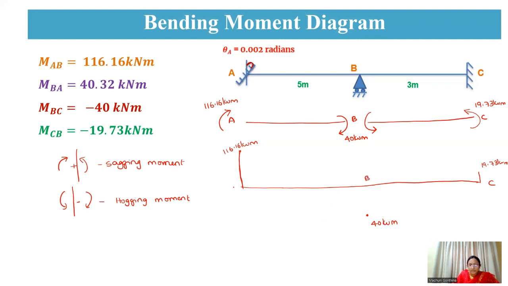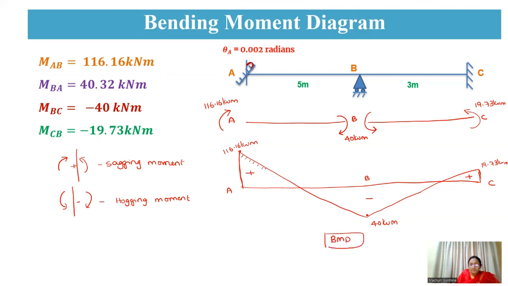So this is B and this is A. So when we draw the figure, okay, this is positive, this is negative, and this is positive. So this is your final bending moment diagram.